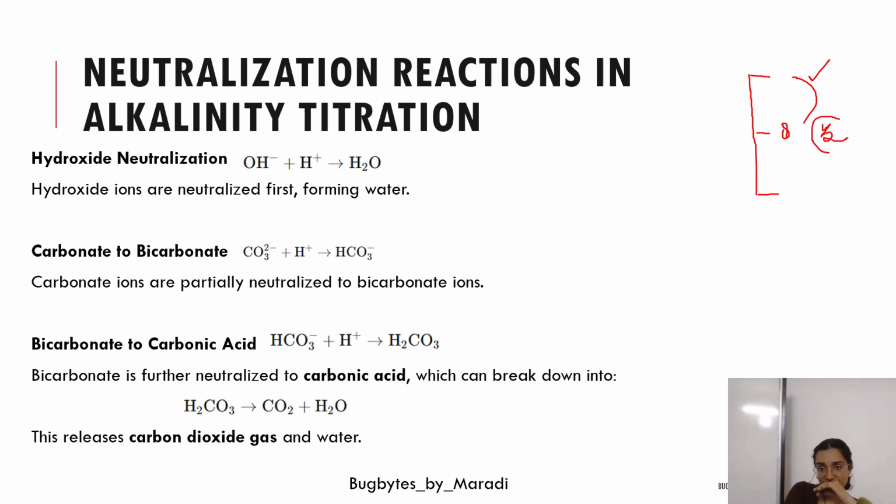Half will be neutralizing up to 8.3. You may consider it as 12 over here. That comes under the phenolphthalein indicator concept. The remaining half of the carbonate, CO3 minus, along with the bicarbonate.